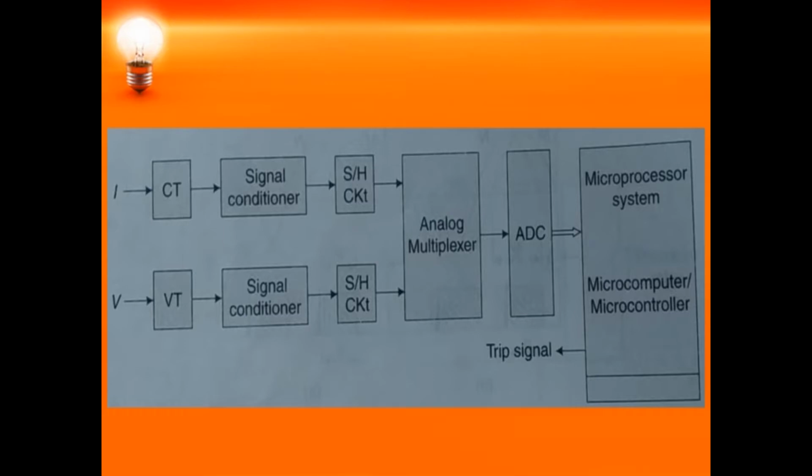So what are the advantages of numerical relays compared to electromechanical and static relays? The first one is compact size. The numerical relay has a compact size compared to electromechanical relays, because electromechanical relays have a lot of components including the flag system.